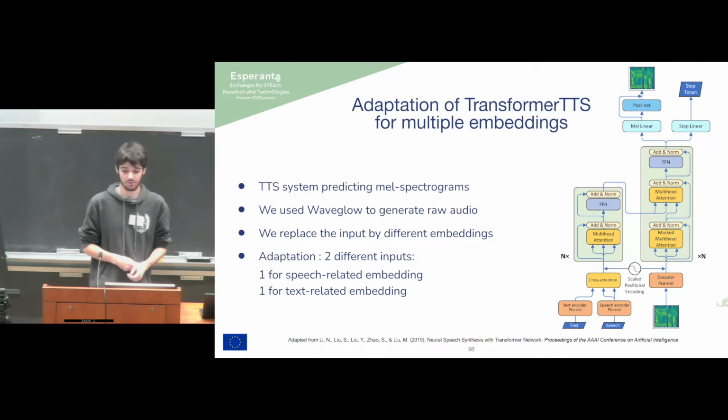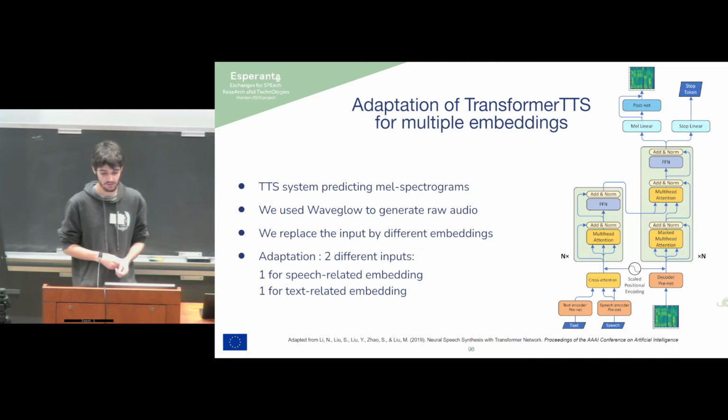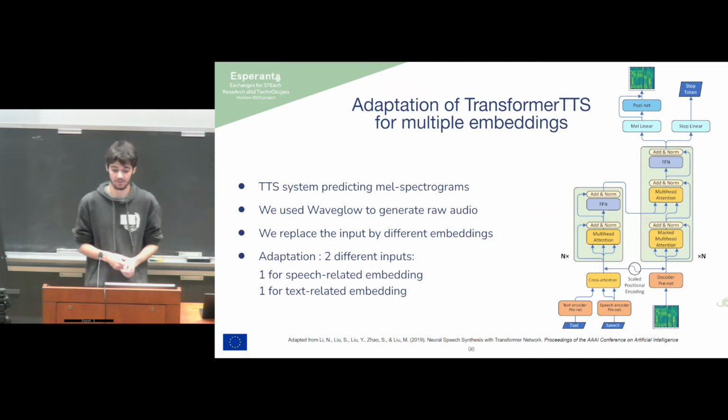Then for Transformer TTS, as I explained earlier, it's a transformer-based TTS system, which we adapted similarly to Tacotron2 to feed it with inputs coming from pre-trained models to generate mel spectrograms also. So we also use the WaveGlow vocoder for speech synthesis in the end.